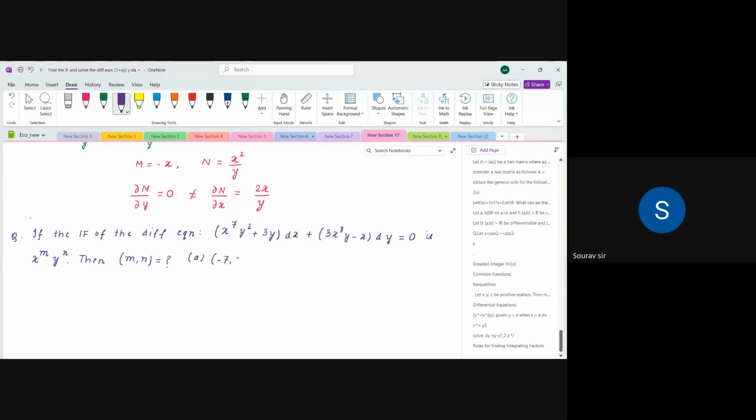Option A minus 7 comma 5, option B minus 1 comma 5, option C minus 7 comma 1, option D minus 7 comma minus 1.